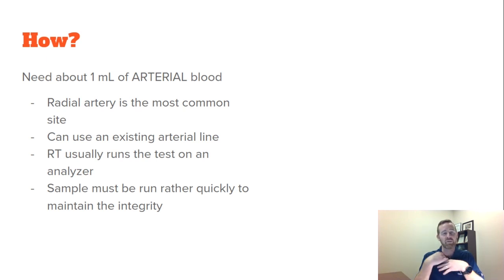Can do it in the femoral, but the radial is usually the easiest. Also, if you have a patient that has an existing arterial line, which a lot of ICU patients will have in order to monitor their blood pressure continuously, you can actually draw that ABG out of an existing arterial line.